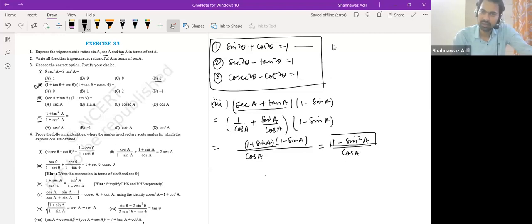Cos square A. Yes, absolutely right. So this is cos square A divided by cos A. So this one cancels and we have cos.